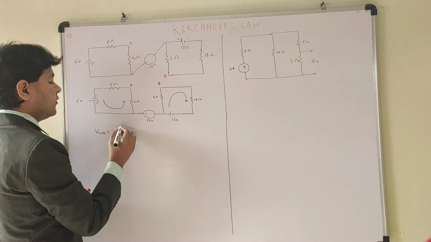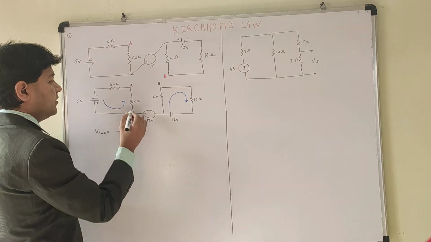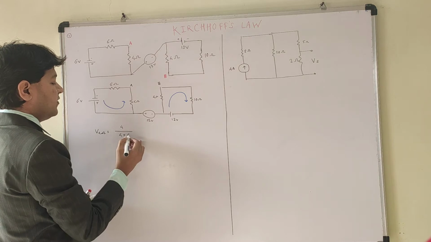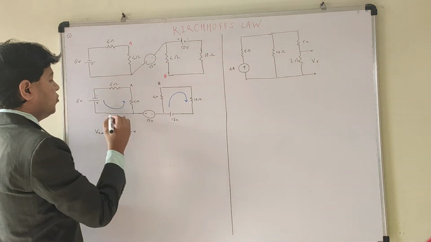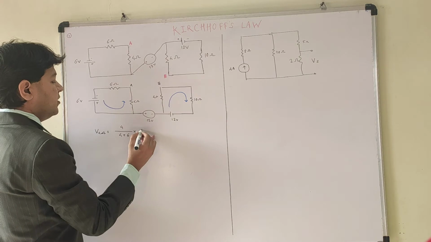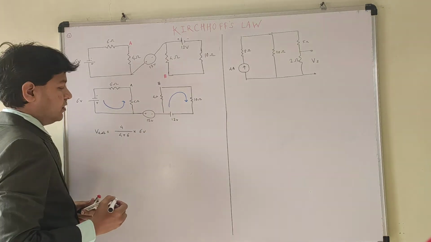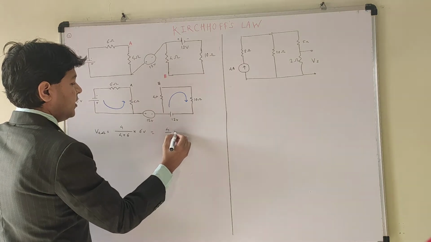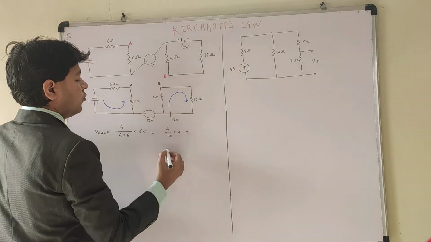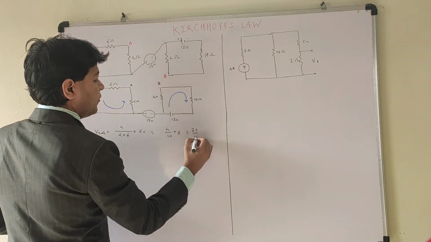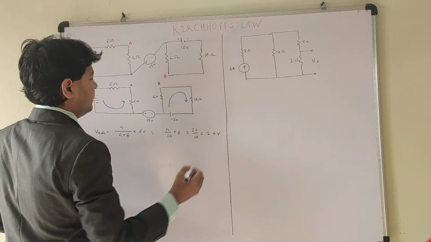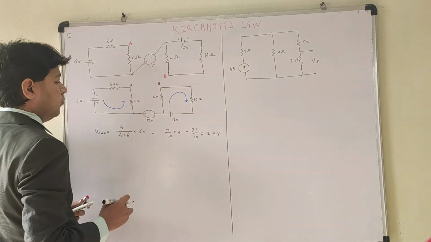It tells me that the 4 ohm resistor upon the addition of the two, that is 4 plus 6, into the total voltage, which is 6 volt. So it is 4 upon 10 into 6, 4 sixes are 24, divided by 10. So this is coming 2.4 volt.